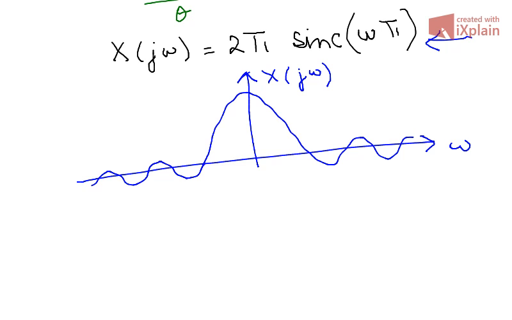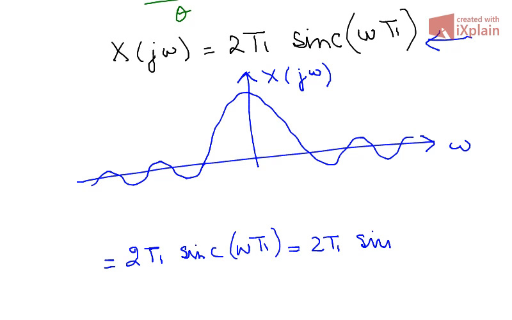Now you can immediately find, let me write, 2 times t1 sinc function of omega t1, or you can say 2 times t1 sine of omega t1 over omega t1, right? Same. Now you can find some values, some points actually, of this sinc function.